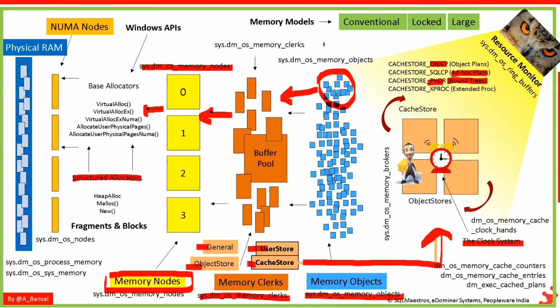SQL Server memory has three models. Conventional model, you can see on the top right corner, conventional model, locked model, and large model. If you do a plain vanilla installation of SQL Server, that is conventional, without any configuration changes.